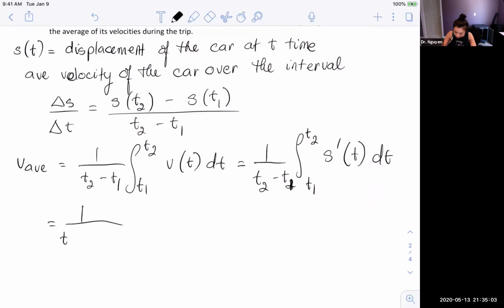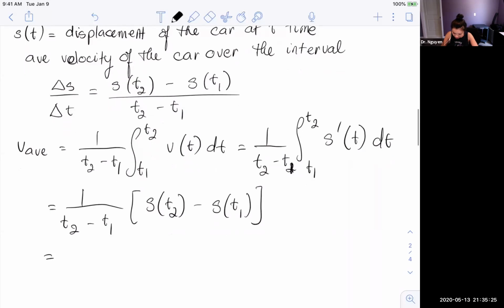All right, now from here, by the net change theorem, hopefully you still remember, I have 1 over t2 minus t1 times s of t2 minus s of t1, because we integrate the derivative. So we get back to the function.